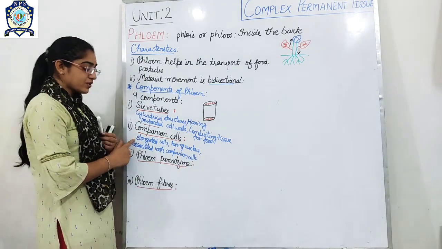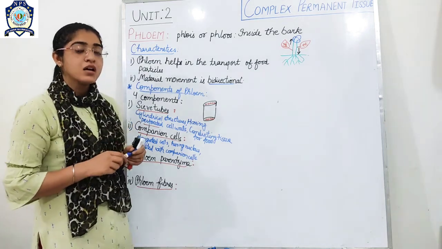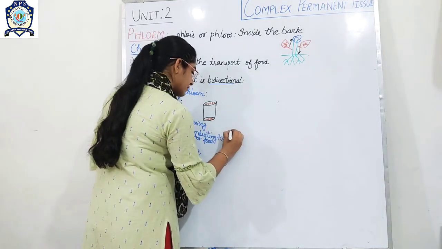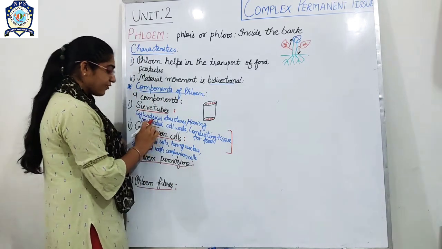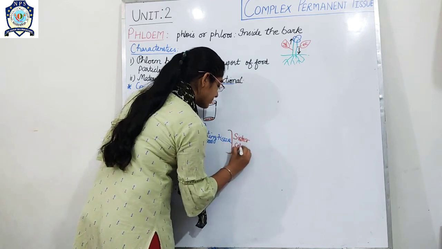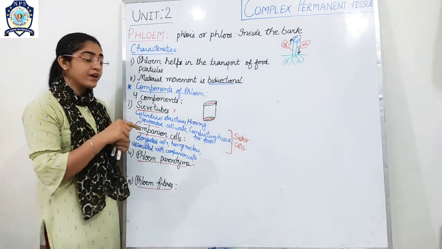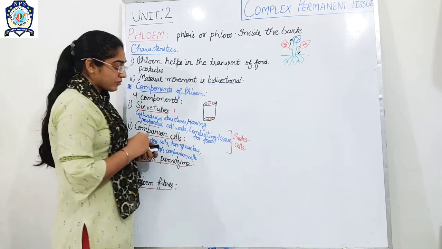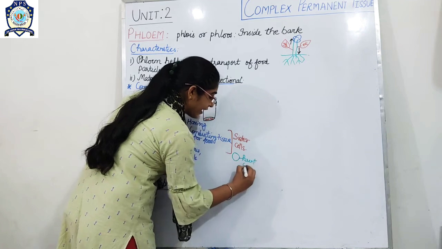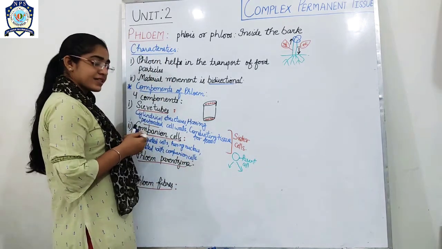Since they are associated, their function will be the same as that of the sieve tube, and this is the main feature: sieve tube and companion cell are called sister cells. Why sister cells? Because their parent is the same. From a single parent cell, these two components arise.